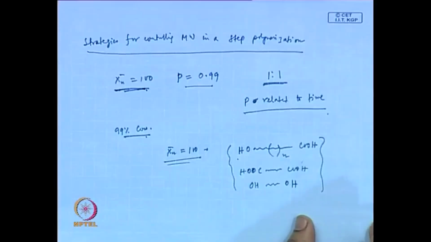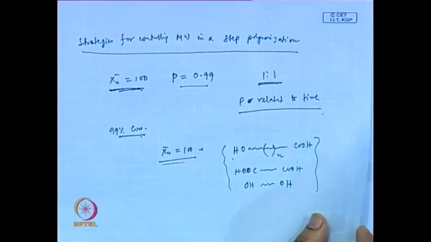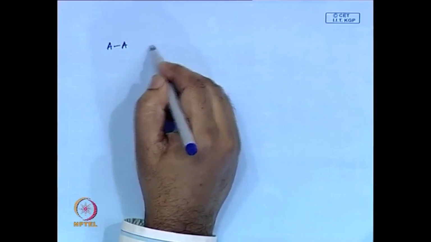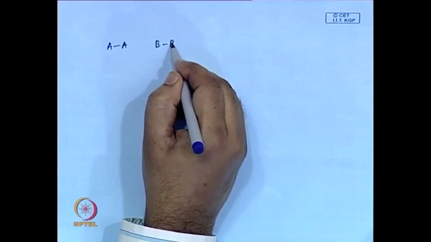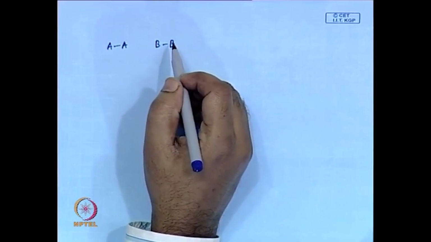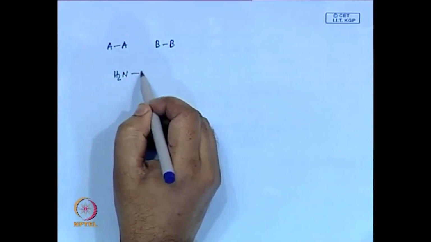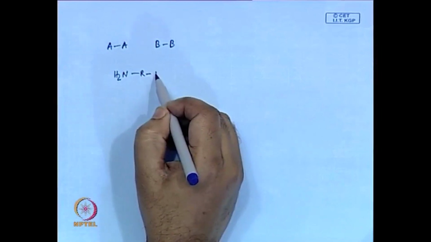What are the strategies to achieve what we targeted? One is to use one of the monomers in excess. For example, say you have monomers A A and B B. Take a concrete example of polyamide formation.